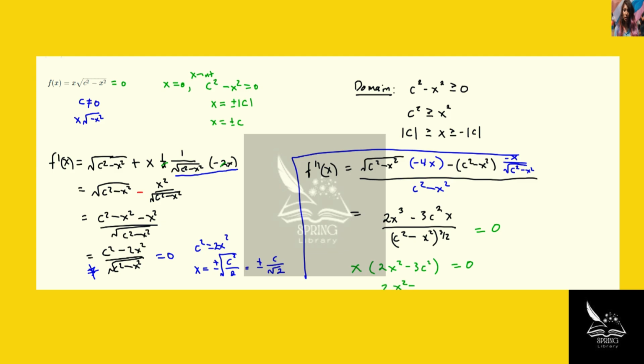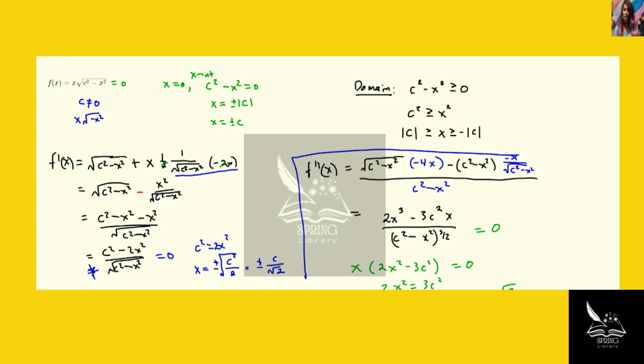So 2x squared equals 3c squared, divided by 2, square root, and we get x is equal to plus or minus the square root of 3c squared over 2. And again, let's pull that c out with absolute value, but the plus or minus makes it so it doesn't really matter. So we get plus or minus c times the square root of 3 over 2.